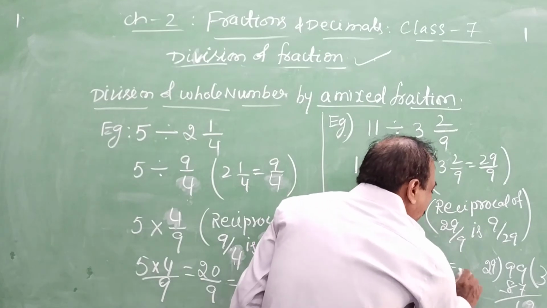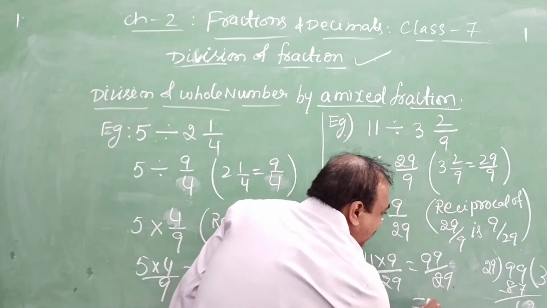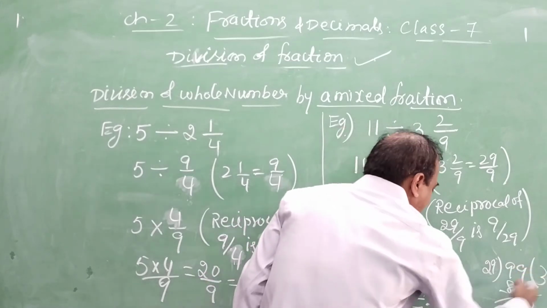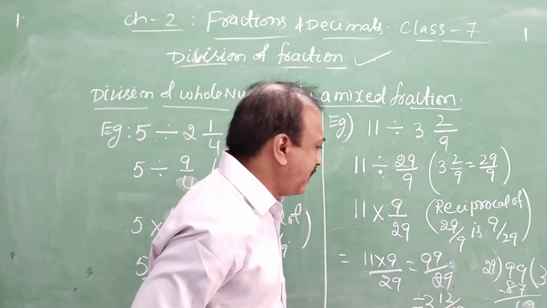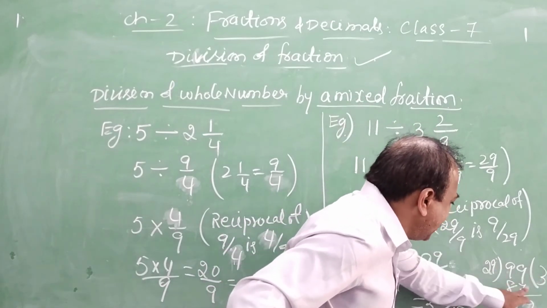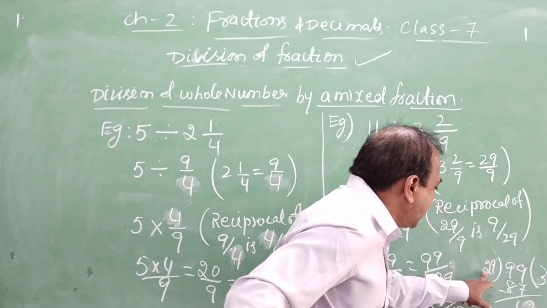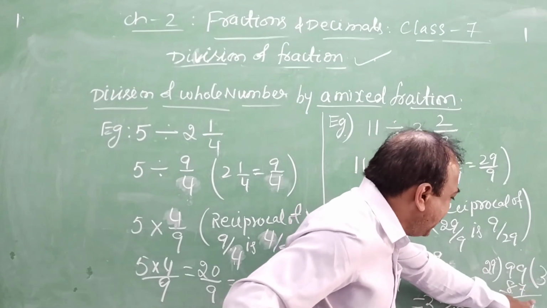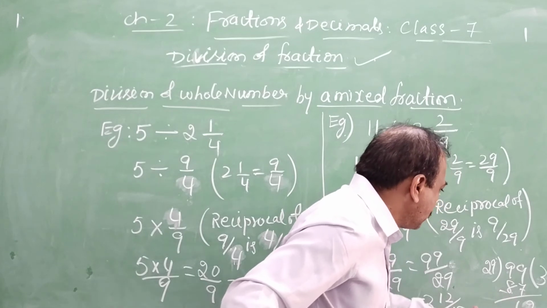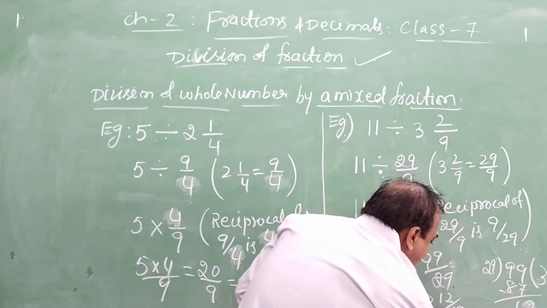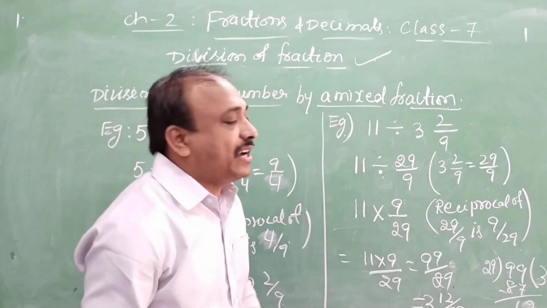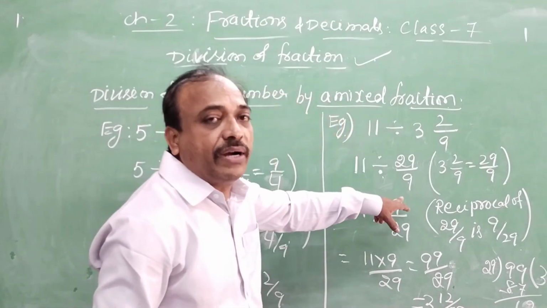So we can write the quotient 3, remainder 12, so 3 12 by 29. Observe it. This is 29. 3 12 by 29 is the final answer when you divide.